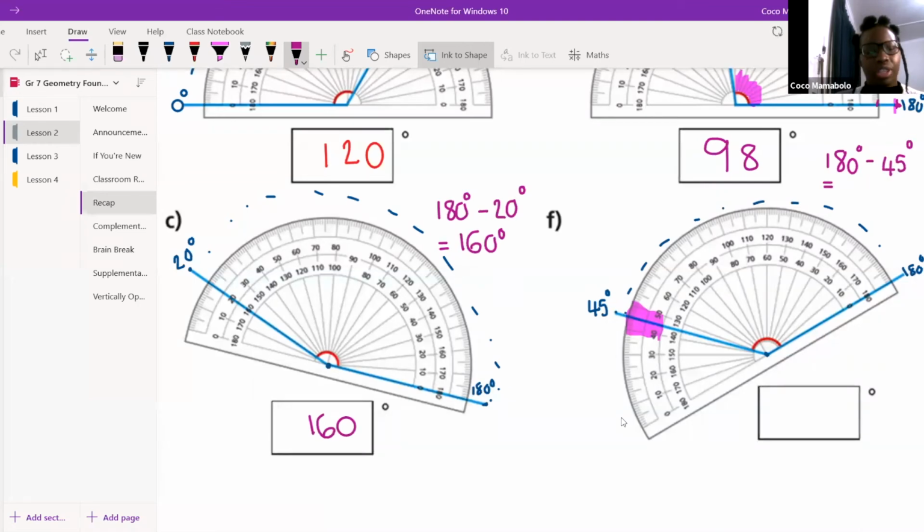How much is that going to give me? You can do it very quickly on your calculator if you need it. Okay, 180 degrees minus 45 degrees is going to give me 135 degrees. Okay, and that's how we calculate for these.